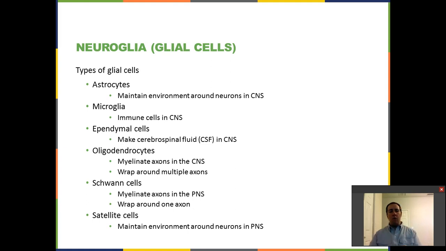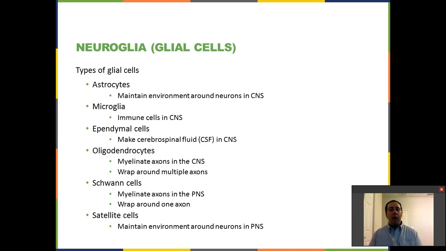And when they move, they cause electrical charges to move. So we need to make sure that there isn't electrical noise around these neurons. We have to keep the correct concentration of ions, otherwise the neurons won't work. That is the job of the astrocytes, and the astrocytes are only in the central nervous system.